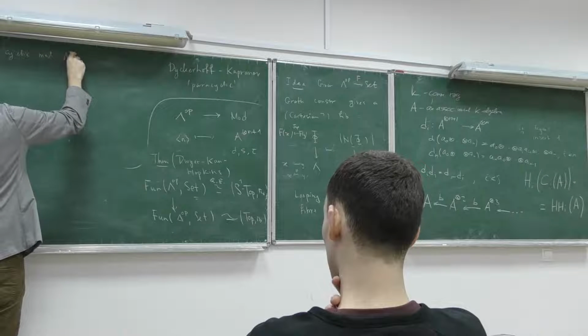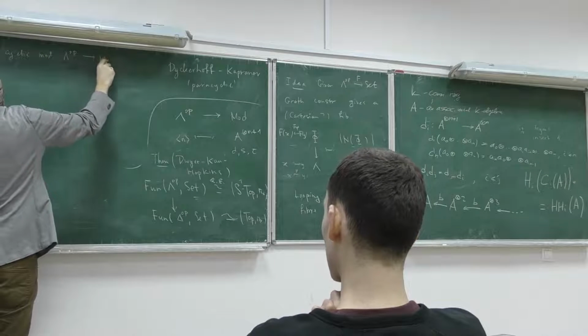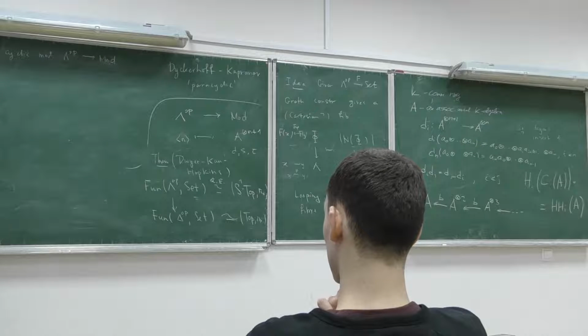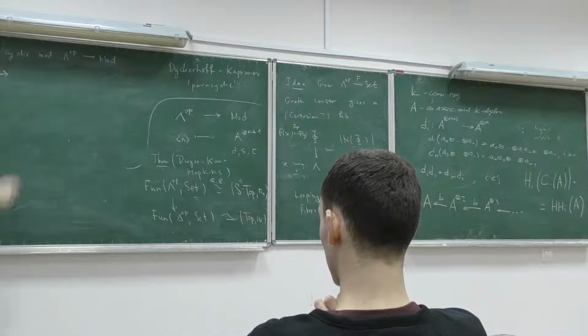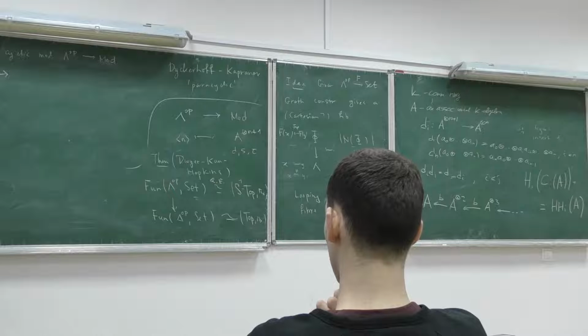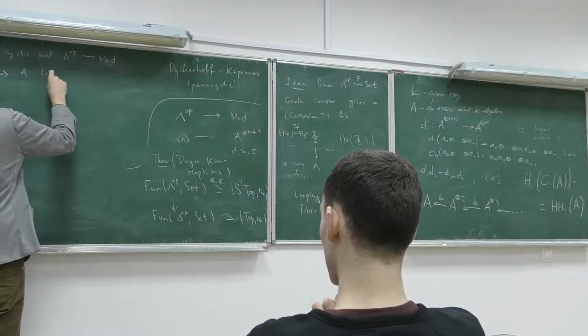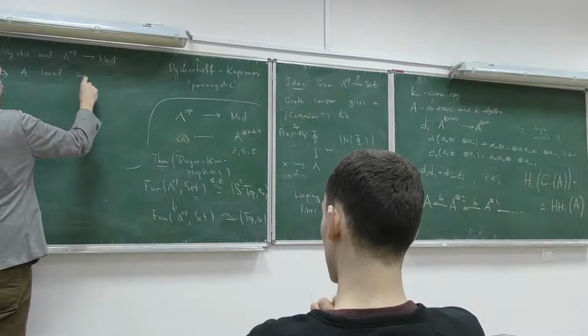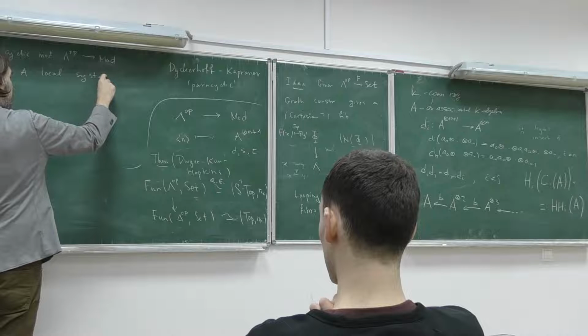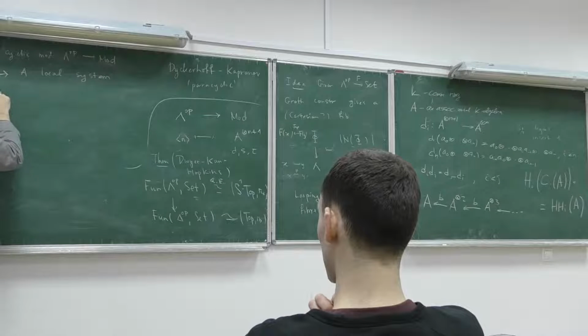lambda op to modules gives rise to a local system, also by a kind of Grothendieck construction, a local system on this classifying space.